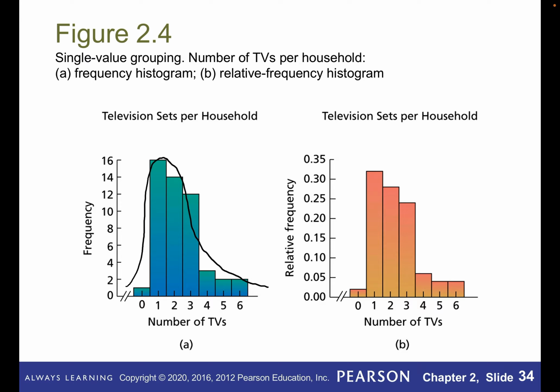Notice that the tail seems to be a little more stretched out on the right here. Here we would say this is skewed to the right. We'll cover those terms later. And the relative frequency gives us essentially the same picture.